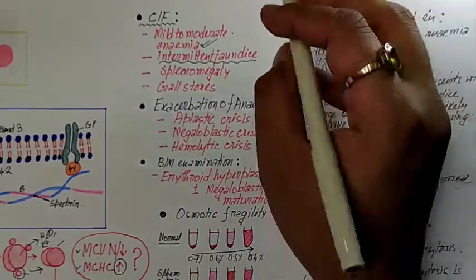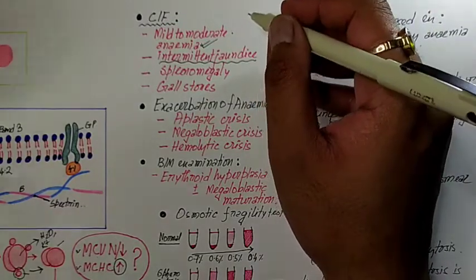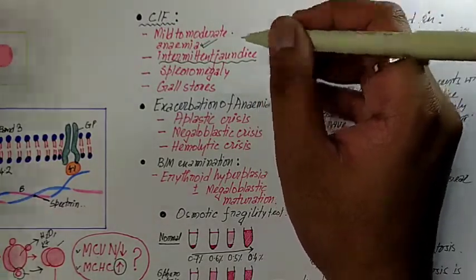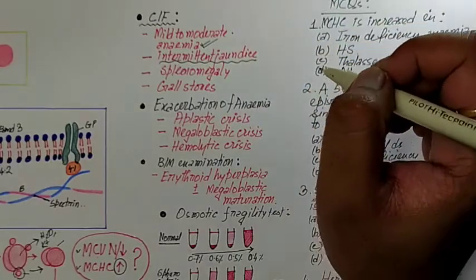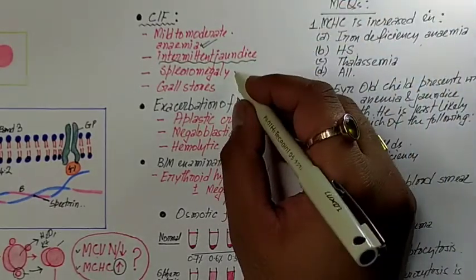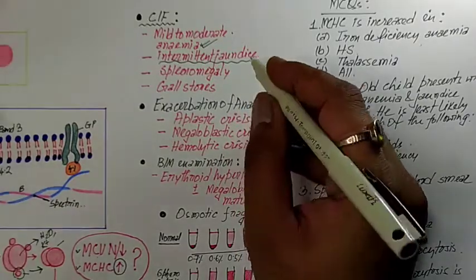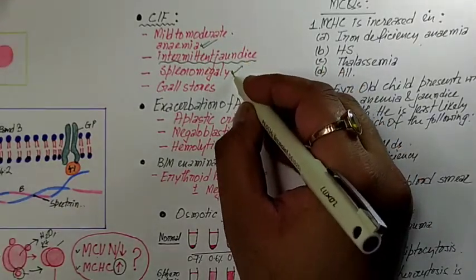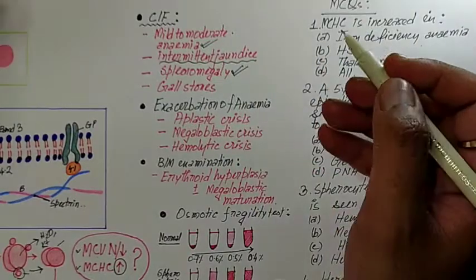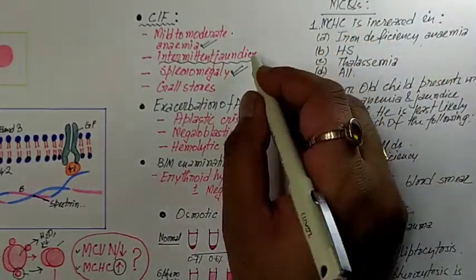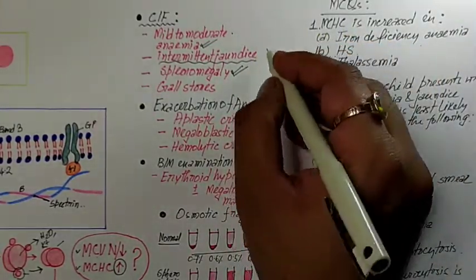So normally the severity is not much, it is mild to moderate. Due to increased lysis and extravascular hemolysis, there is splenomegaly in those patients.